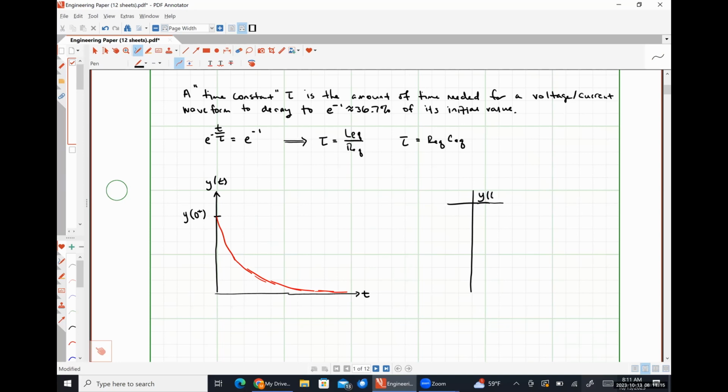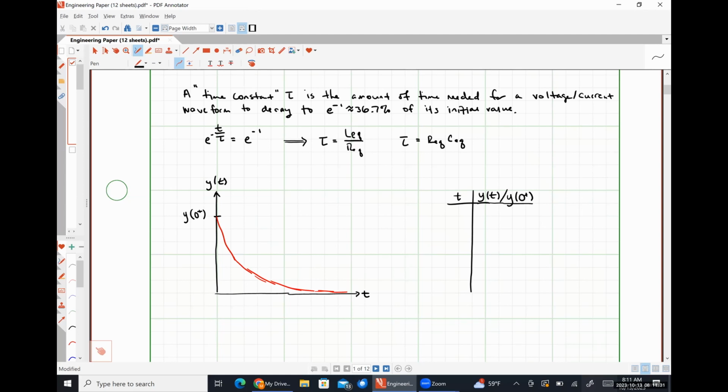And so this will be y of t divided by y at 0 plus. And on the left-hand side, we're going to have t.